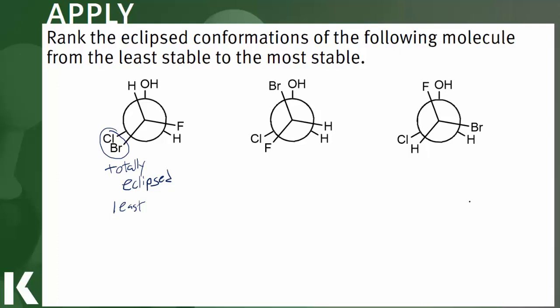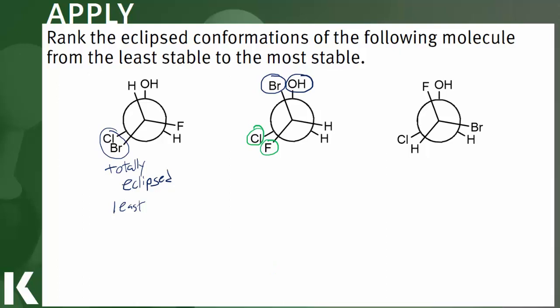If we take a look at the next molecule in line, we see that the largest functional group on the front carbon is lined up with the next largest functional group on the back carbon. And in fact, for that matter, we also see that the largest functional group on the back carbon is lined up with the next largest functional group on the front carbon. So here we're pairing the largest and second largest functional groups on each carbon and stacking them up together.